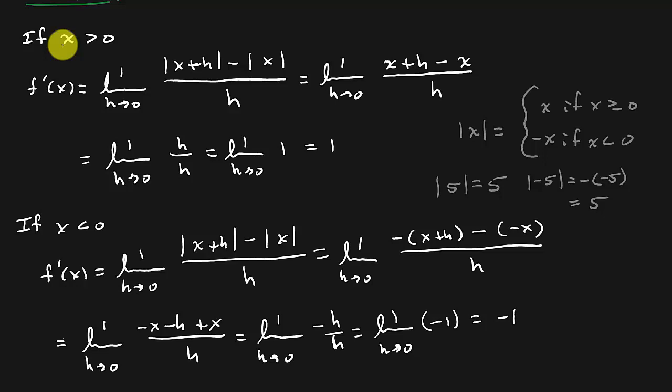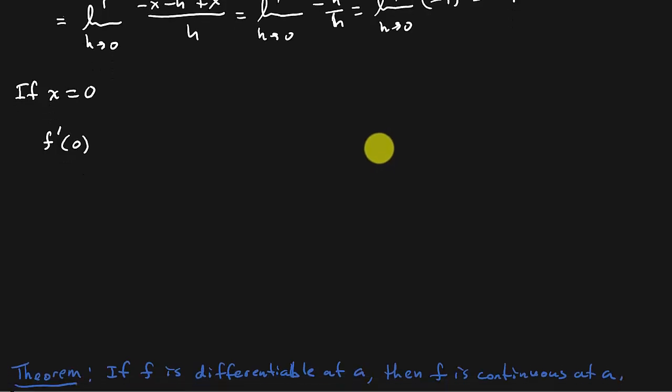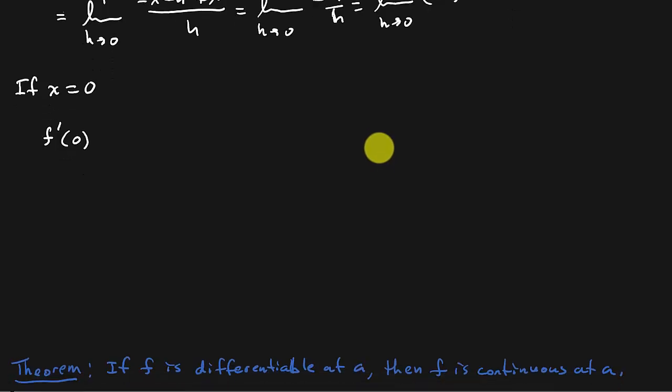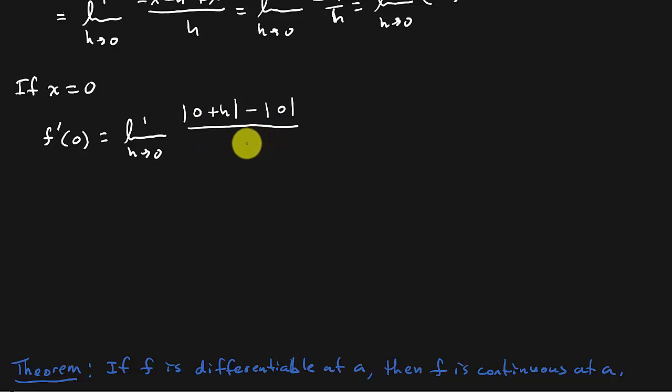I'm doing it over an interval. All right, so this time x is 0. So this is going to be what? The limit as h goes to 0 of what? Absolute value of 0 plus h minus the absolute value of 0 over h.